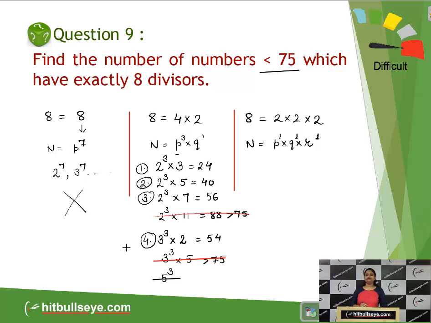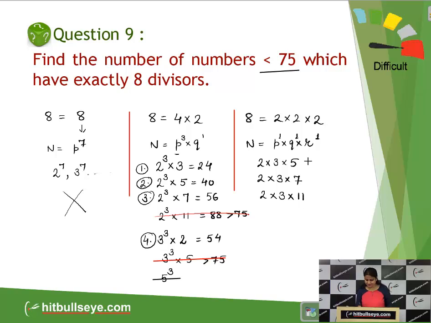Now come to the third case. This is 2 into 2 into 2. So my number can be p into q into r, and p, q, r should all be distinct primes. So the cases are: the first can be 2 into 3 into 5, 2 into 3 into 7, 2 into 3 into 11.